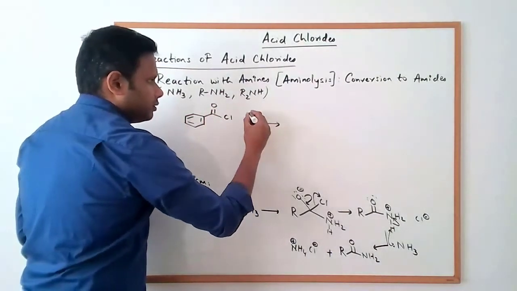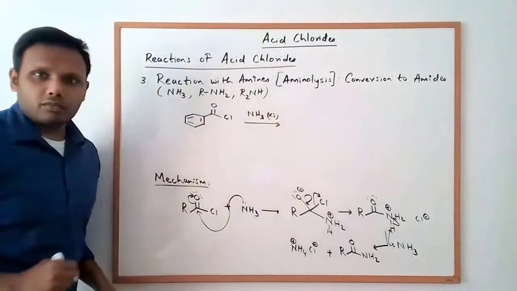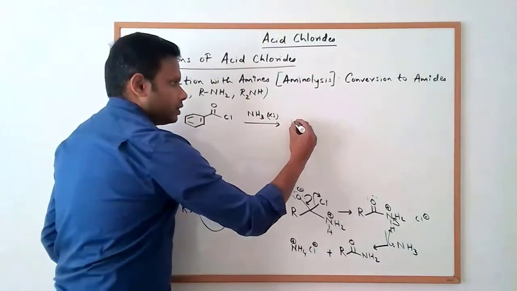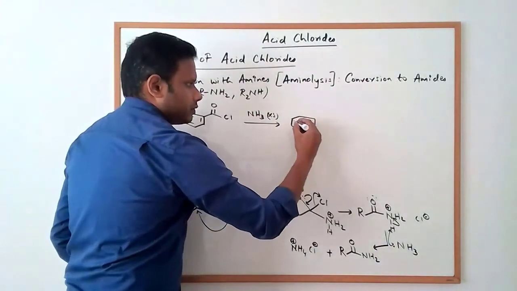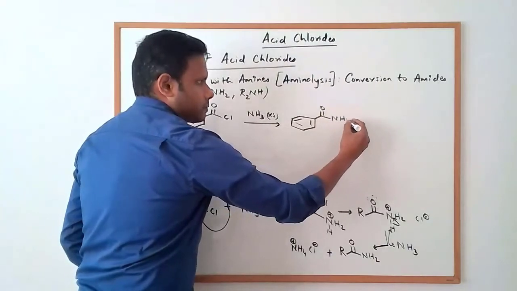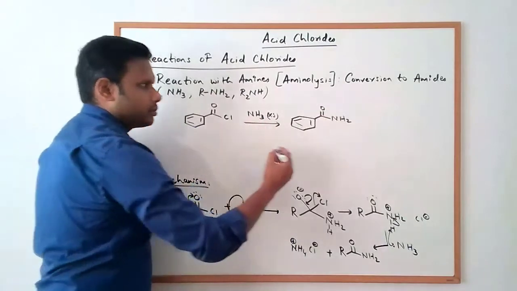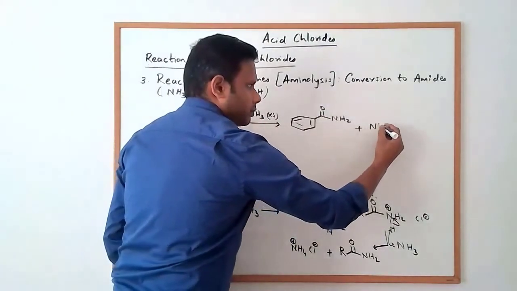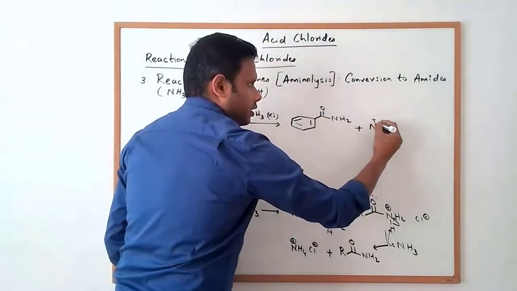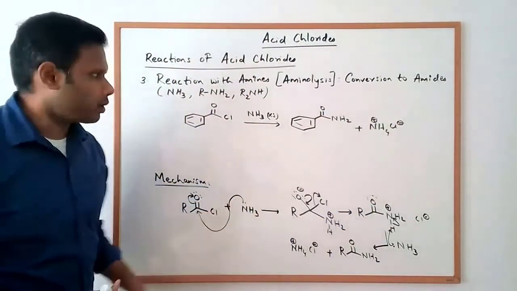If you react the benzoyl chloride with excess ammonia, this is going to give us benzamide. Okay, it would give us benzamide. The Cl is replaced by NH2, and plus we will get ammonium chloride as our side product or the byproduct that's formed.